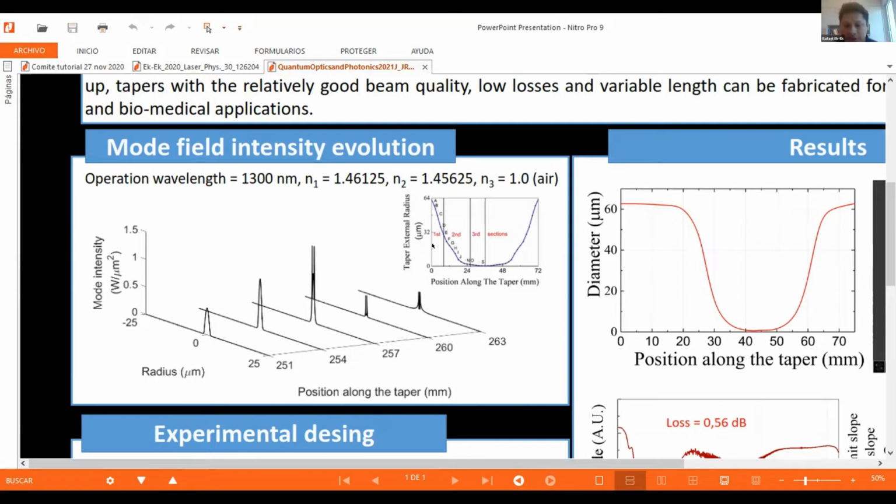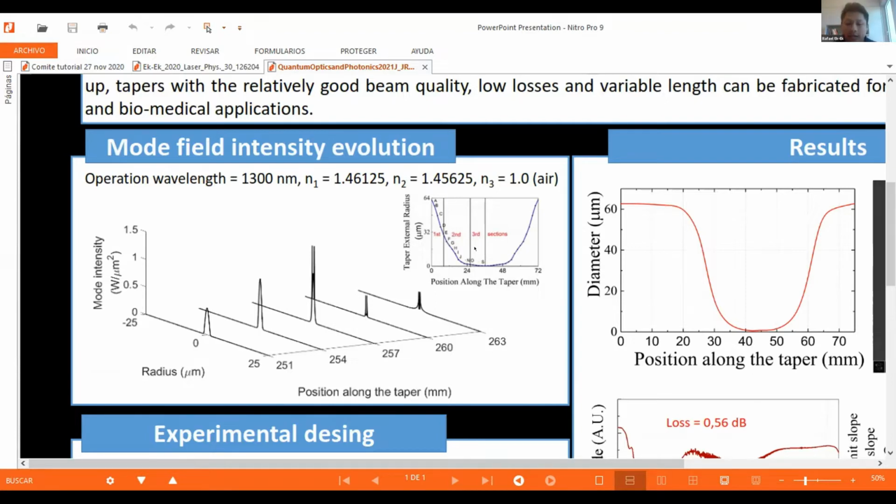We divide it in three sections in order to use different equations. In the first section, we use the weak guiding approximation. In the second section, when the fiber starts to be thinner, we use Monnerie equation, which means that we have three different refractive indices.